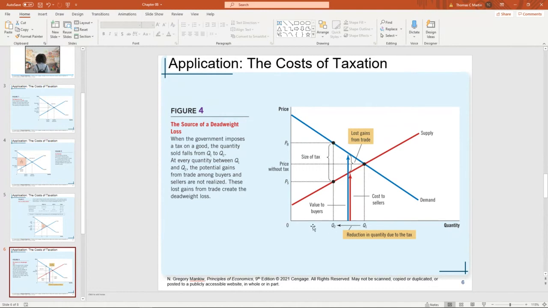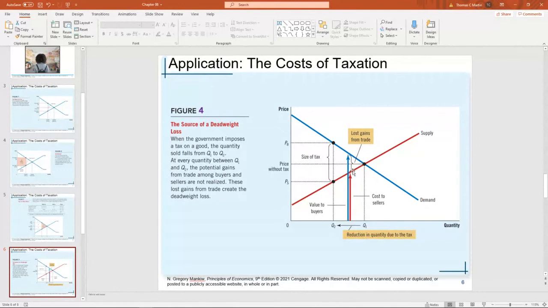That short side domination will apply, and the quantity demanded will be reduced. So all this is showing us is the size of the tax, the price without tax, the price the sellers will receive, and the price the buyers are willing to pay. It's just like what we saw earlier.